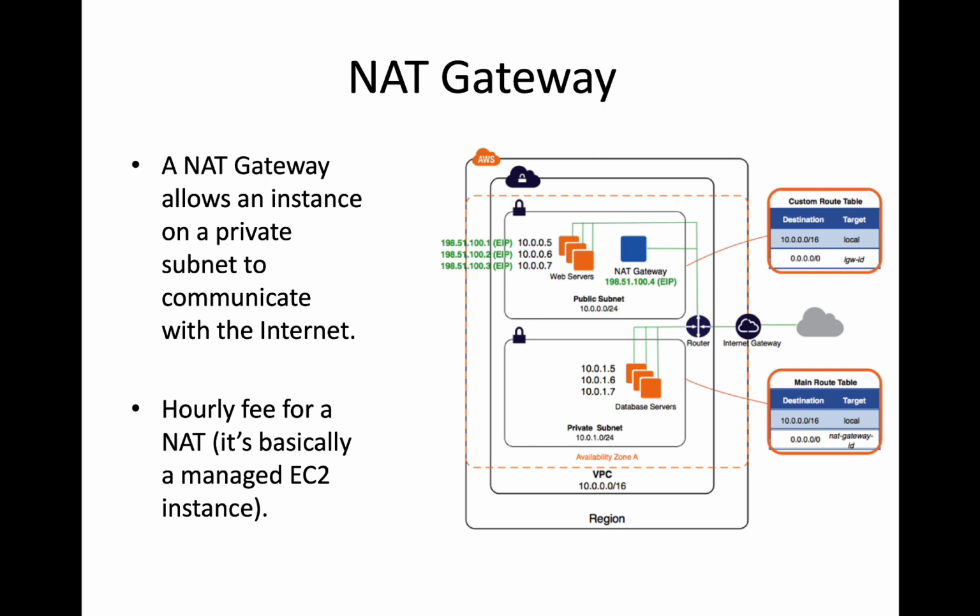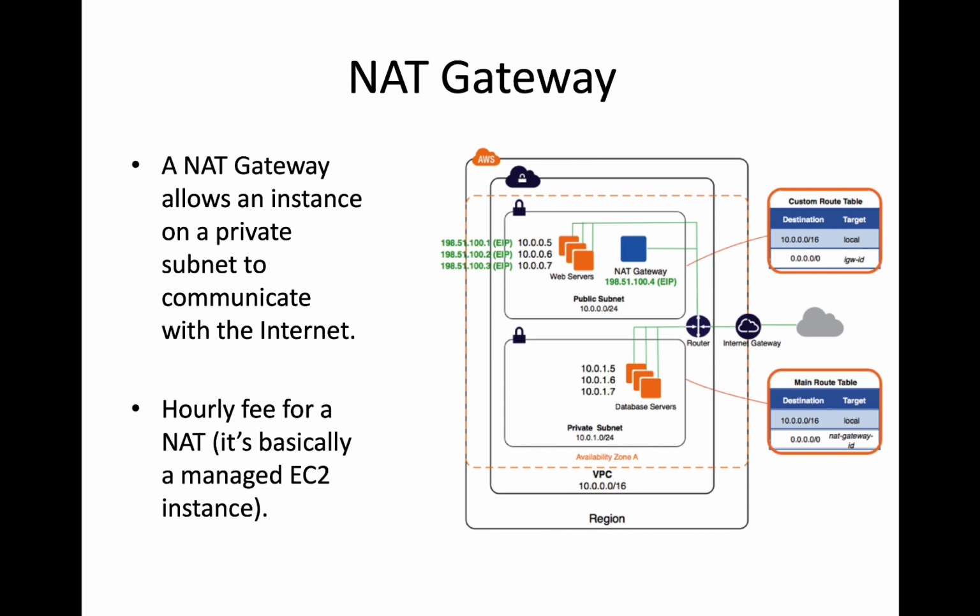Instead of communicating out to the internet through the internet gateway, the private server is going to send its internet bound traffic through the NAT gateway. And then the NAT gateway will send the traffic through the internet gateway and out to some other internet device. And here's where routing tables can come into play.